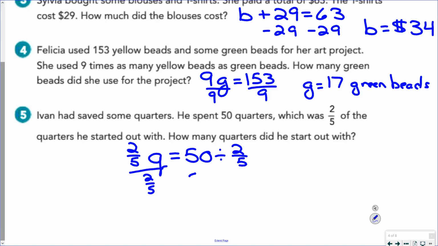But we keep the 50, maybe make it 50 over 1, change division to multiplication, use the reciprocal, do some simplifying here, and 25 times 5 is 125, so Q equals 125 quarters.